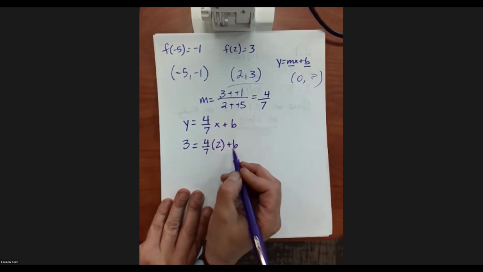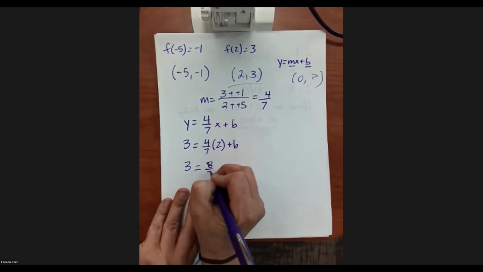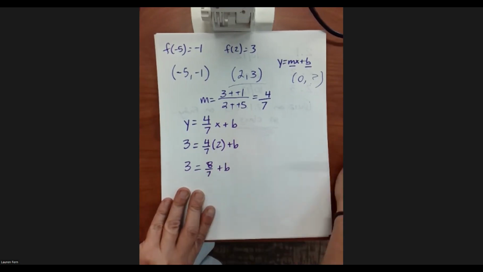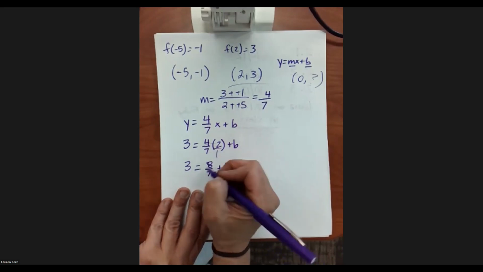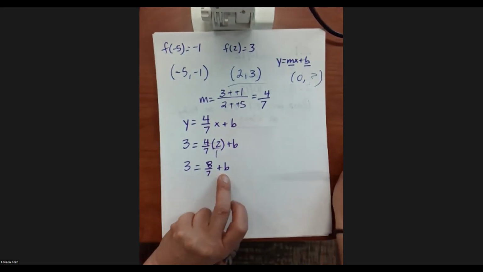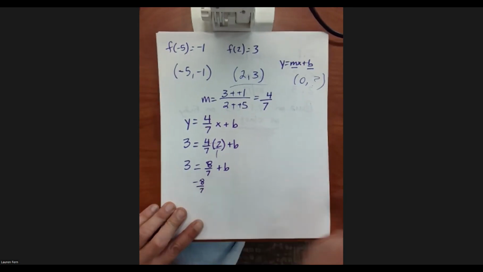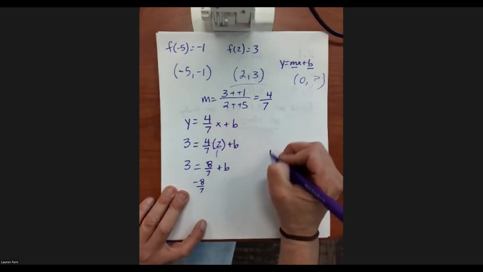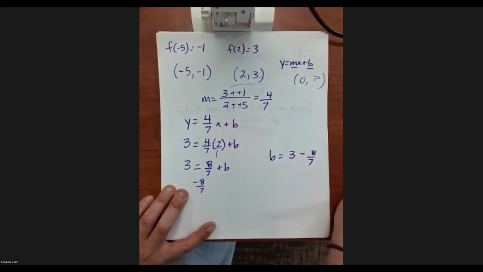Okay, so now we got to solve for b. So we get 3, well, this is 8/7 plus b, right? 4/7 times 2, multiply numerators, multiply denominators. And now in order to get b alone, what I need to do is subtract 8/7 from both sides. Okay, so what I need to solve is 3 minus 8/7.